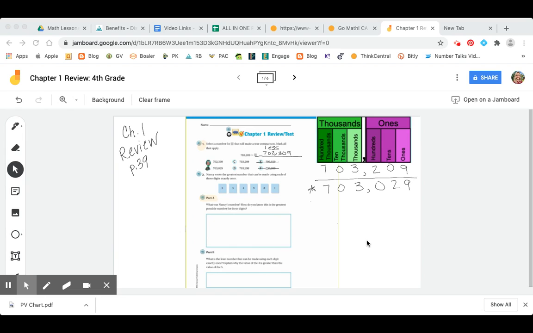I'm going to erase this number and try out the next two. I've got 703,200. Wait a minute, that's the exact same number. So this one is out because it wouldn't be less; it would be equal. The other one is 703,290.